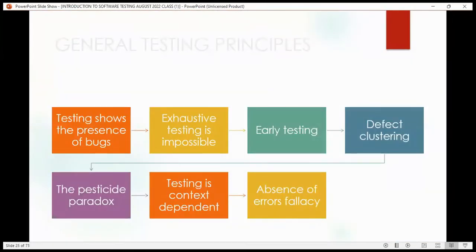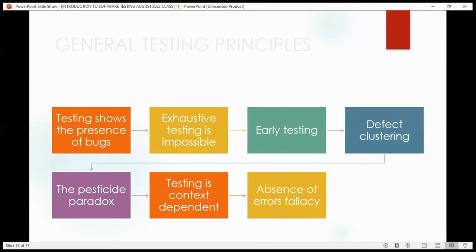Then these are the general principles of testing. Don't forget, seven general principles of testing. Testing shows the presence of bugs. Exhaustive testing is impossible. Early testing. Defect clustering. These are just English words that still have the same meaning, but bringing it into testing. The pesticide paradox: reading something continuously, you might end up not seeing any bug or error there again.